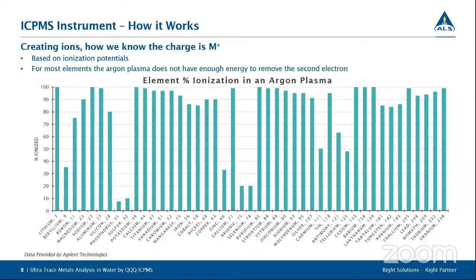Seeing that the argon plasma can't completely ionize all elements with an ionization potential above 8.9 electron volts, and knowing that the second ionization potentials are usually greater than 10 electron volts, we can be fairly confident that the majority of ions have a +1 charge. That being said, you can't assume that there are no double charged ions formed by the plasma.